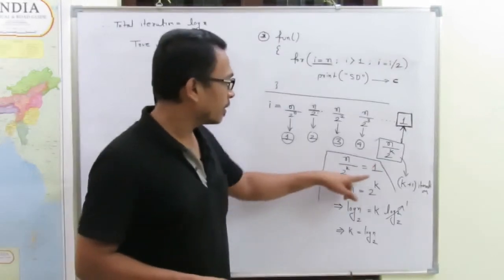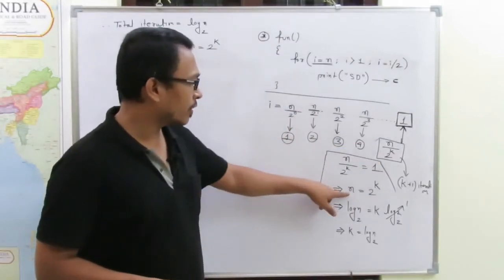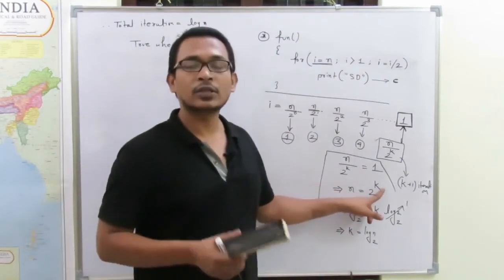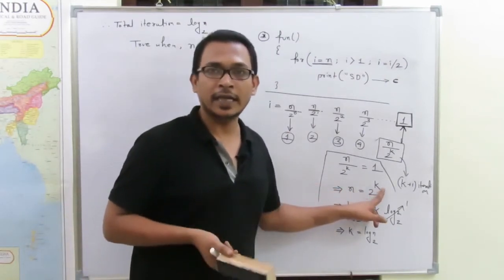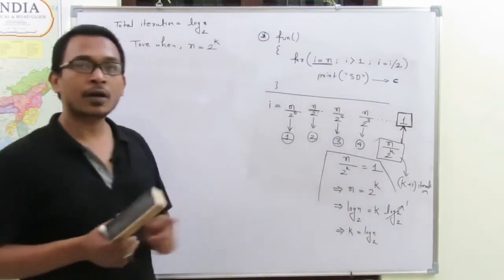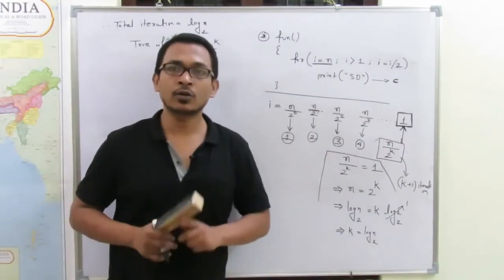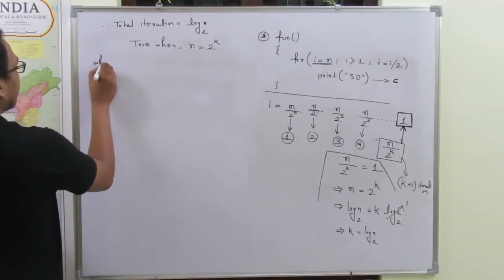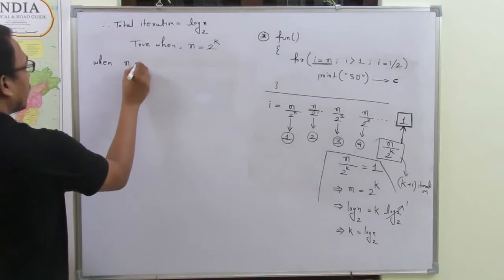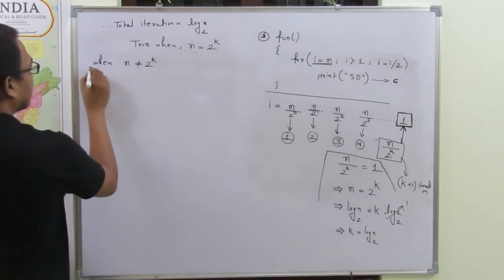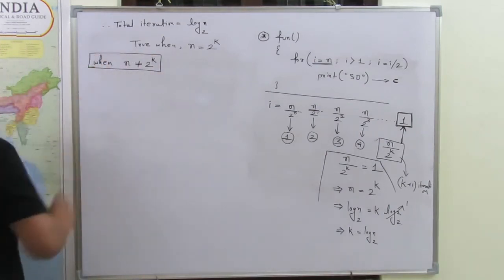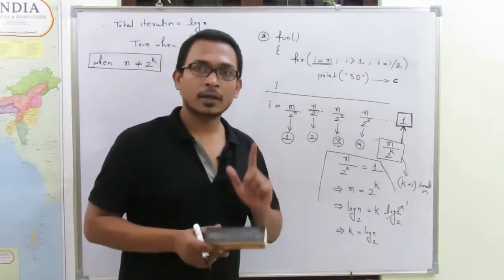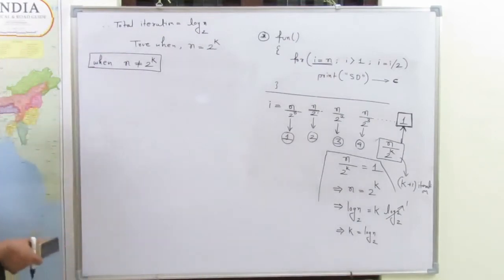But here, as per our assumption, we got n equivalent to 2 to the power k, and that is not the scenario in every case. So we need to cover the remaining part also. That means when n is not equal to 2 to the power k, we need to look at those cases also. Clear?